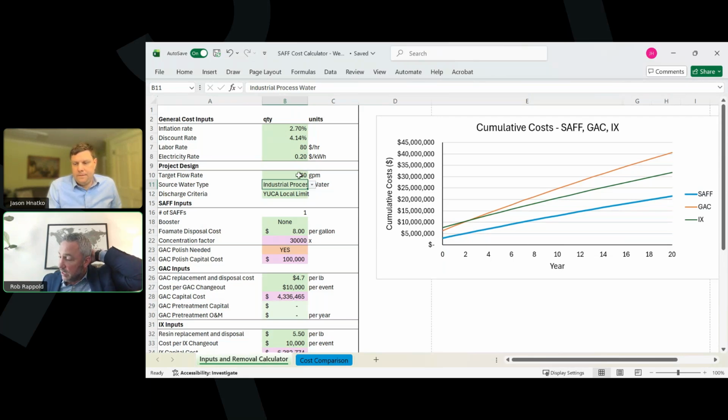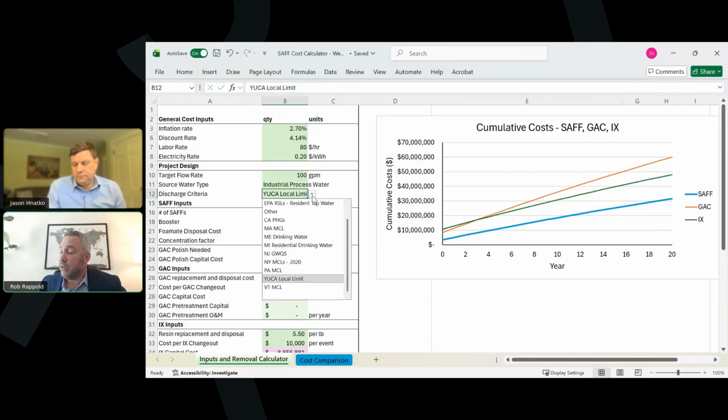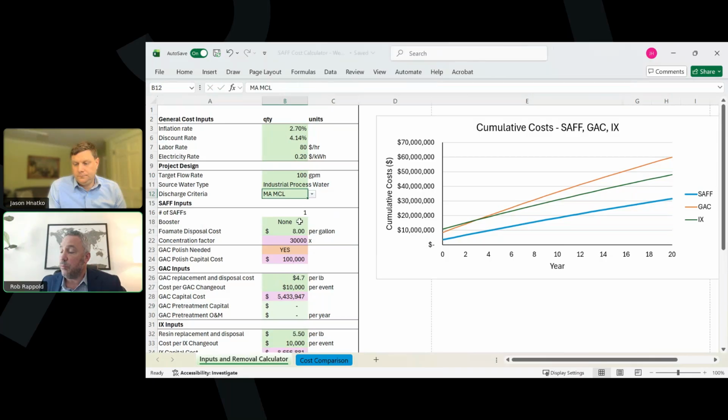So let's look at something again in the 100 GPM range with a spread of long and short chain PFAS. In this scenario, we will factor in the use of a booster to add in the removal of short chain PFAS. Again, we'll be looking at the MCL for the state of Massachusetts, which is the permitted discharge criteria for our Allonnia lab in Boston, and we'll treat it at 100 gallons per minute.